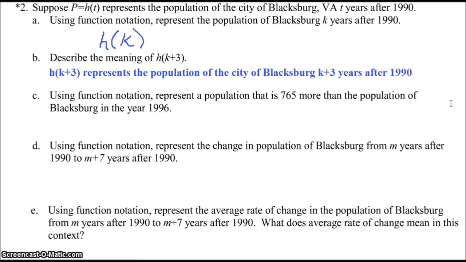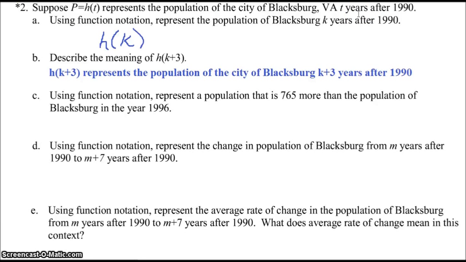First, 765 more than the population of Blacksburg in the year 1996 tells us that we just need to add 765 onto the population of Blacksburg in the year 1996. So how do we represent the population of Blacksburg in the year 1996? Well, remember our function h, it tells us the population t years after 1990.